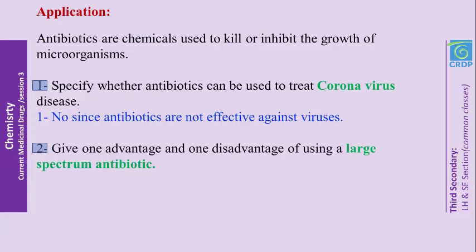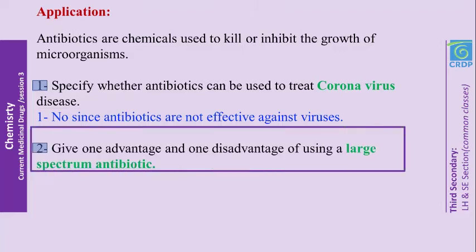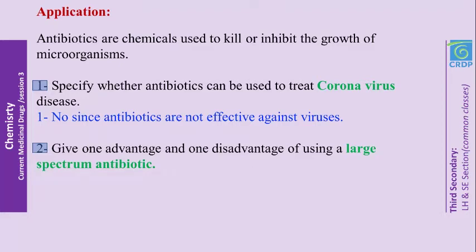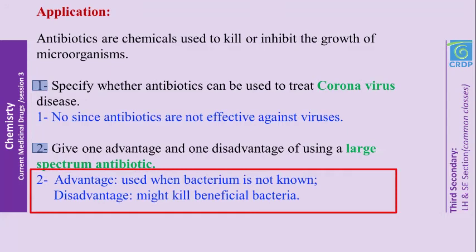Question number 2. Give one advantage and one disadvantage of using a large-spectrum antibiotic. The answer is, the advantage is that it may be used when the bacterium isn't known, while the disadvantage is that it might kill beneficial bacteria.